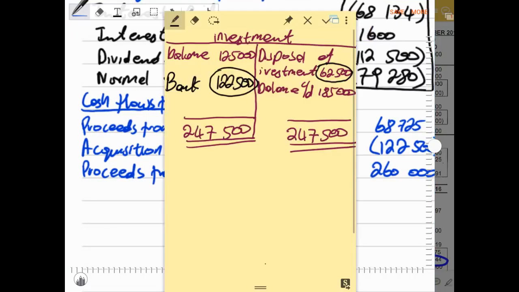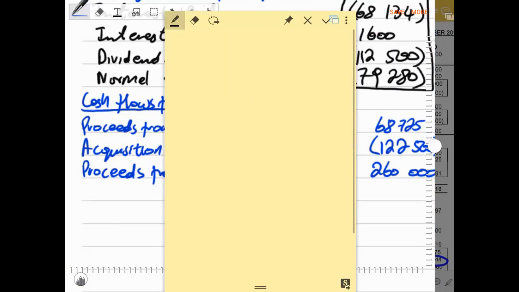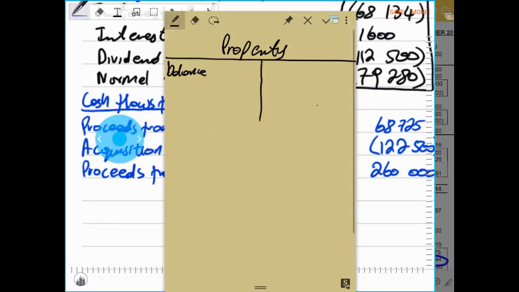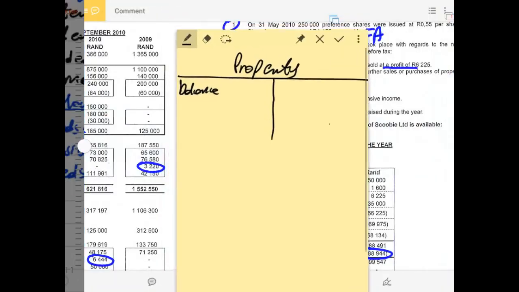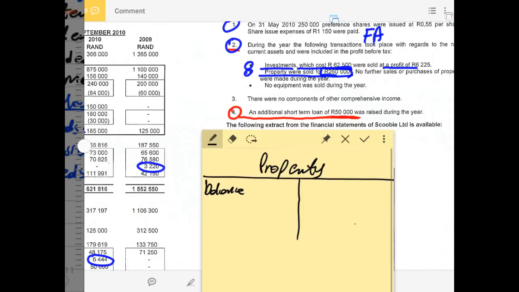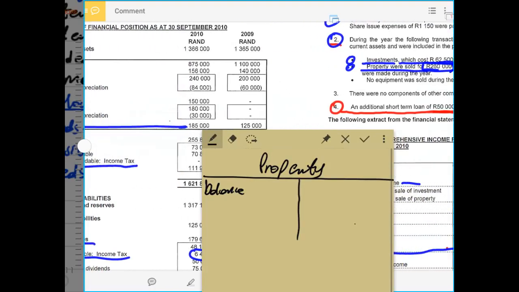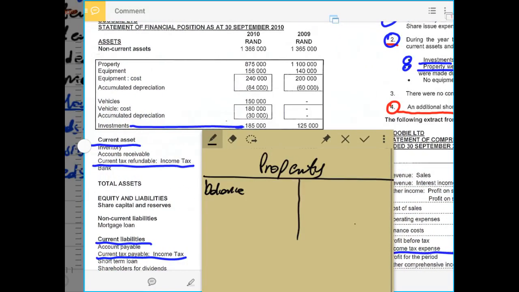But I want us to open a ledger account for property so that I show you something else. Now under property, we'll have an opening balance. The opening balance of property will be from the statement of financial position. Remember, this is not necessary because they told us that there was no further property that was sold during the year or purchased during the year.